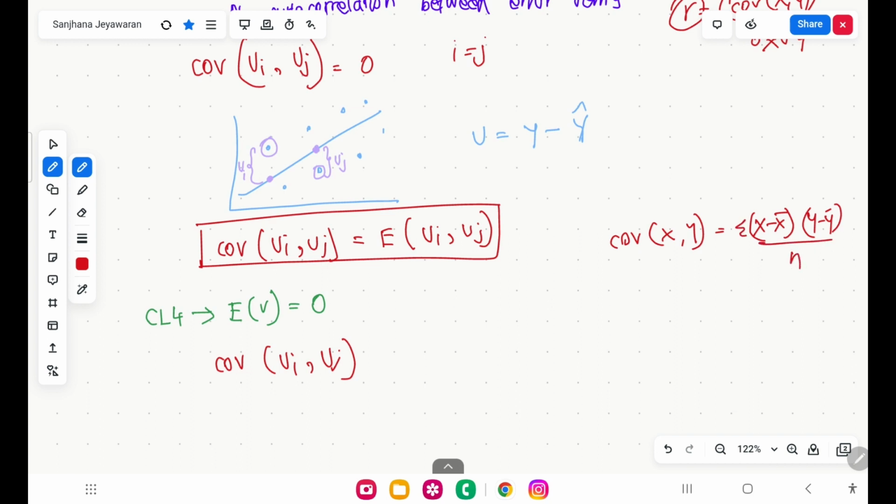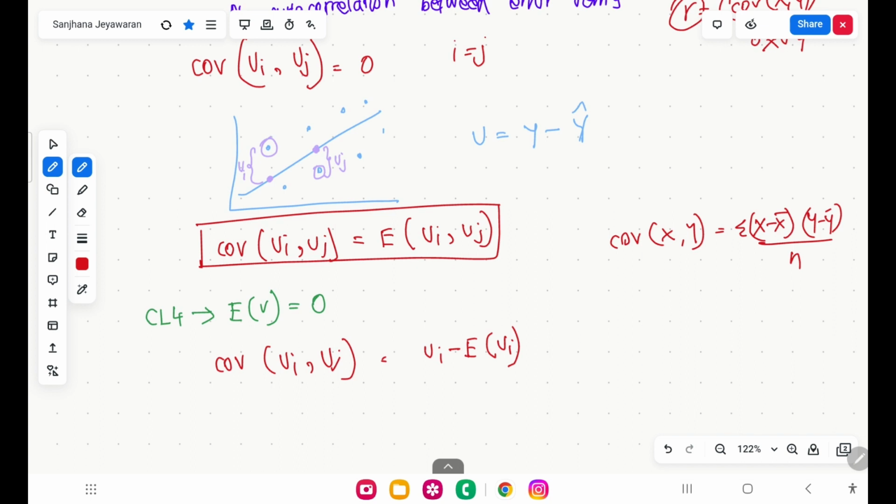Likewise, to get the covariance of two error terms, x bar is the mean of x, right? So here we can write ui minus the expectation of ui, the mean of ui.